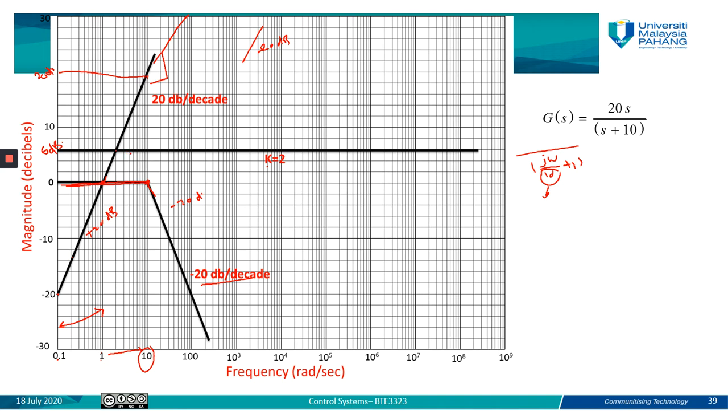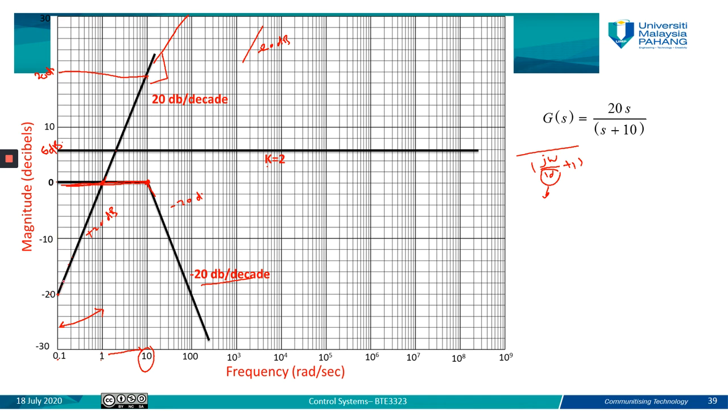If we want to draw the overall plot for the magnitude, we need to combine all these plots. So how to combine? We are going to add point by point. So for example, here we have negative 20, we have 0, we have positive 6. So what is the result here? It will be shifted from negative 20 plus 6, it will be negative 14.